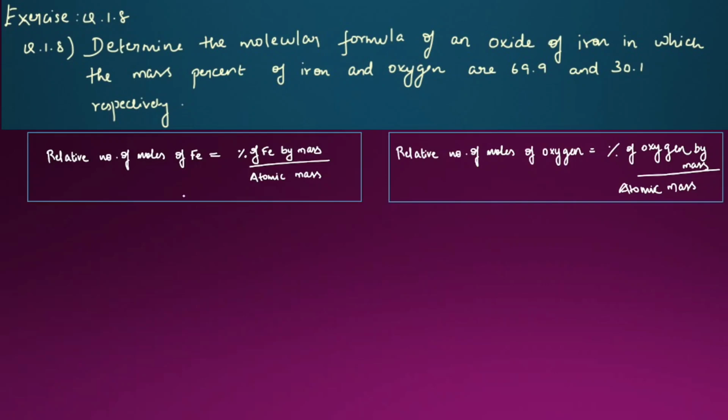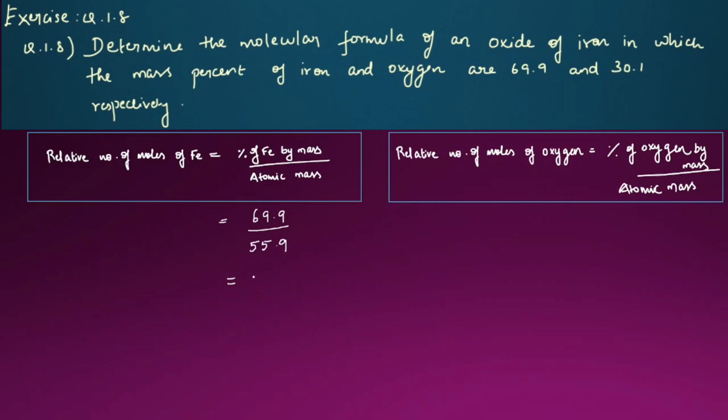So let's start. In the question, percentage of mass of iron is given as 69.9% and percentage oxygen is given as 30.1%. So 69.9 by atomic mass of iron is 55.9. Remember this.